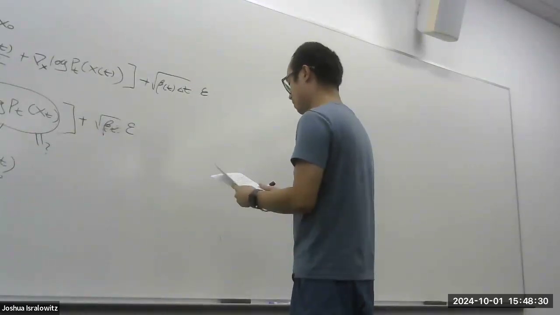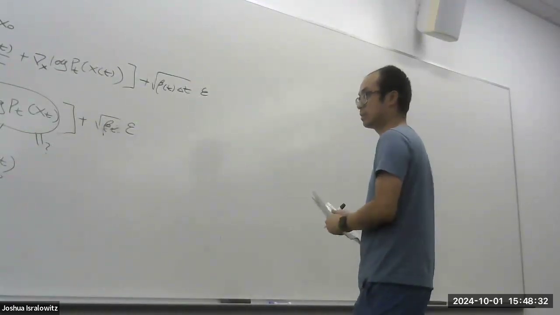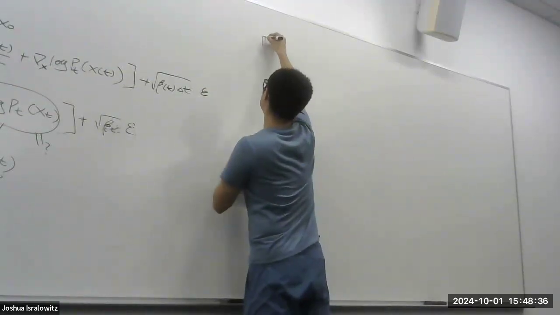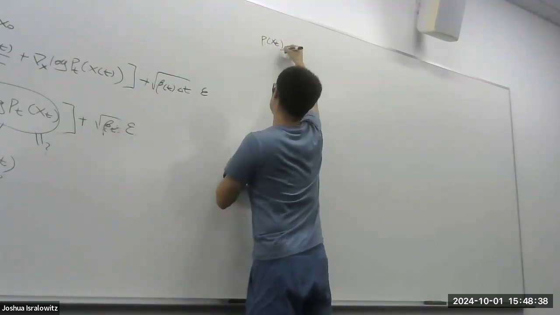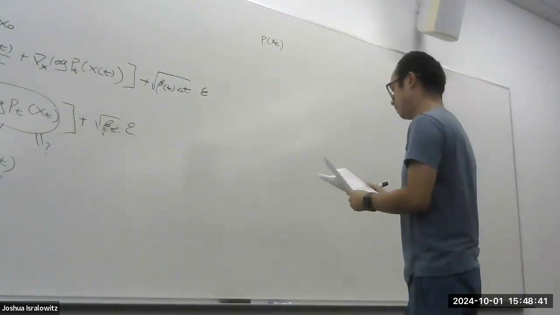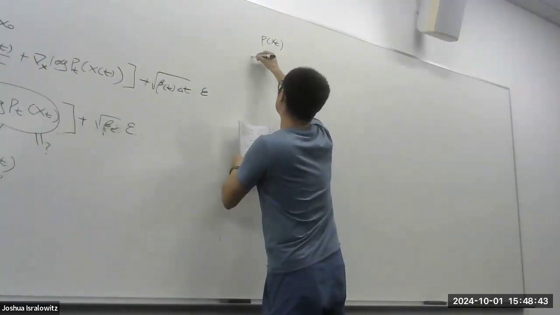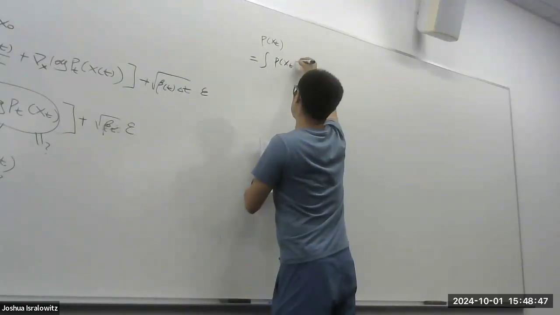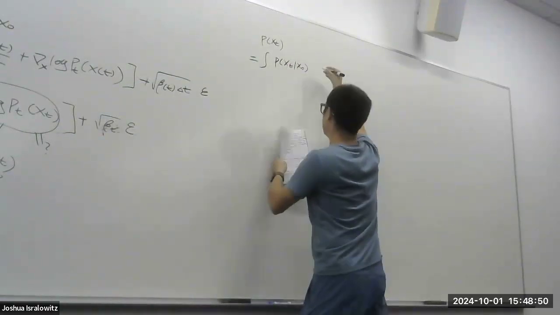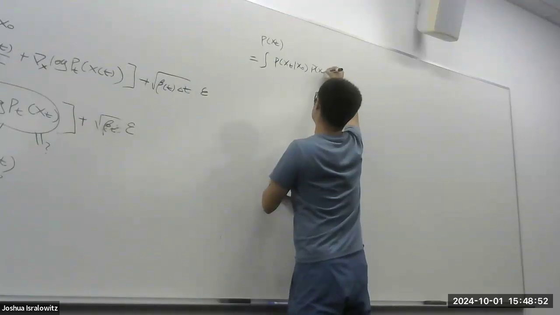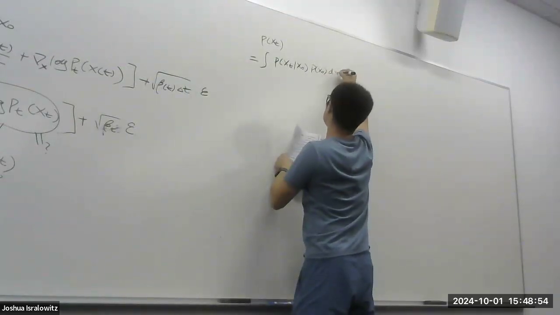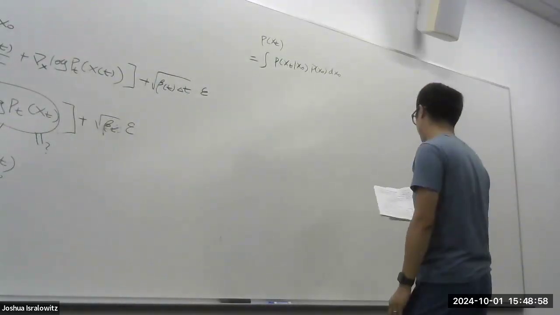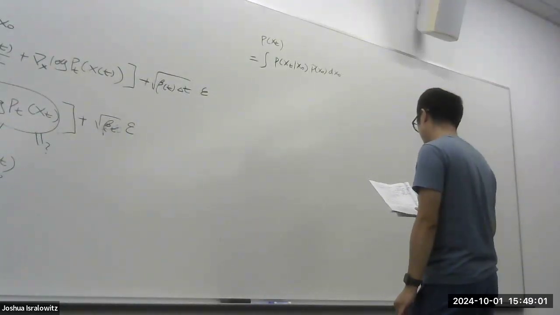All right, so let's just give it a try. Here, what we want is the probability of xt. We know this is the integration of this whole thing over x0 and dx0. So this is nothing but a conditional probability.